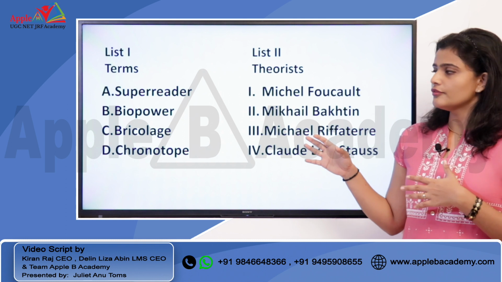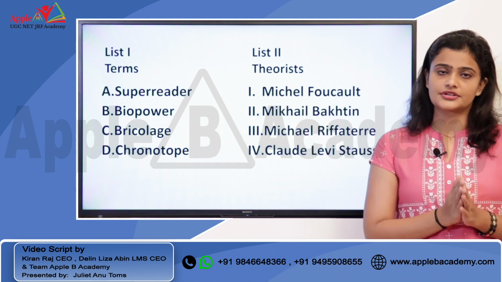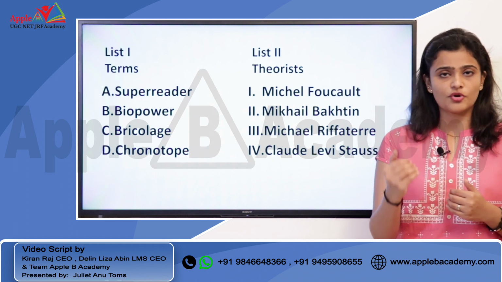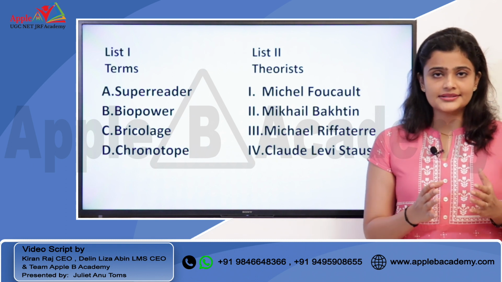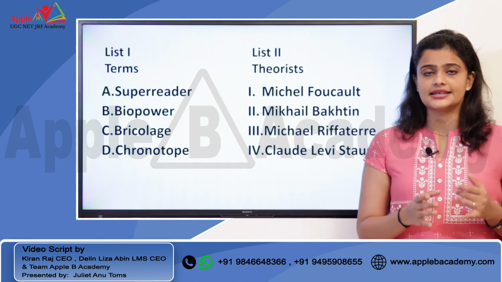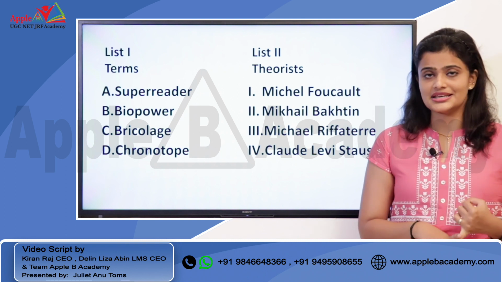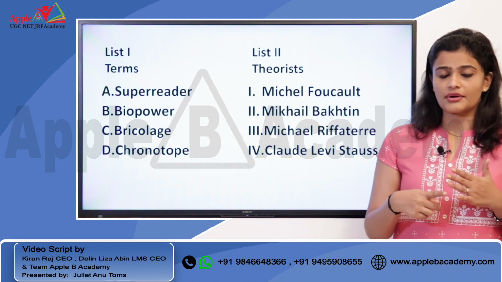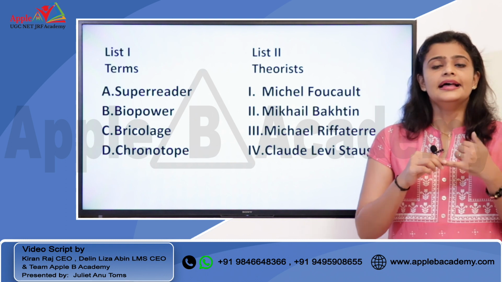Now you have to identify the terms with their respective theorists. If you are preparing for the NTA NET exam and you are dealing with literary theory, one thing that you have to keep in your mind is to take up an author. You have to take the theory and look at all the writers, all the critics who come under this particular literary theory.